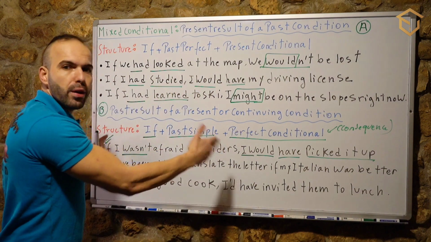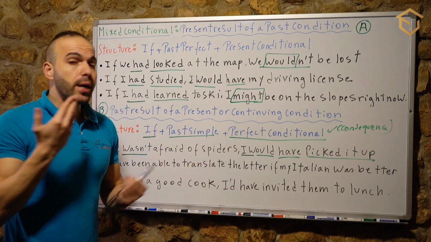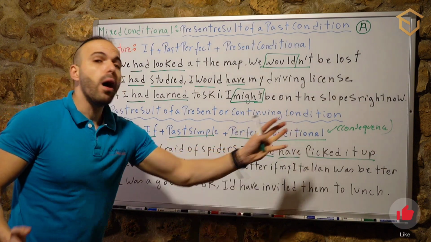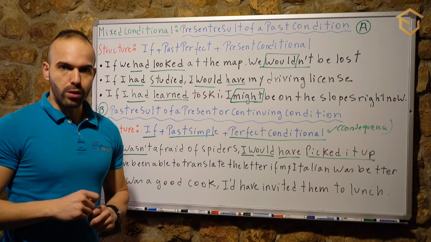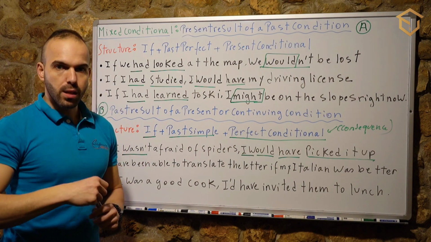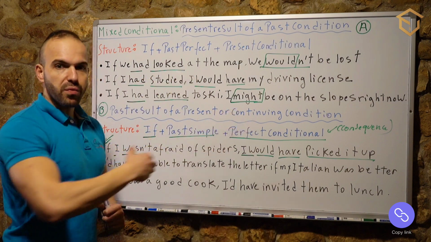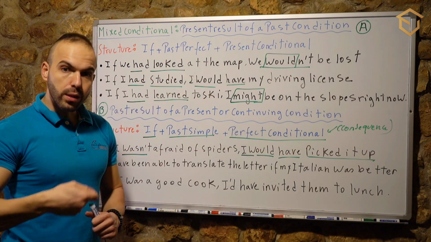I would have picked it up, but I didn't pick it up. So that's an unreal past condition, or past situation. Try to think that way to be able to use this specific form of sentences in your speaking or when you write.